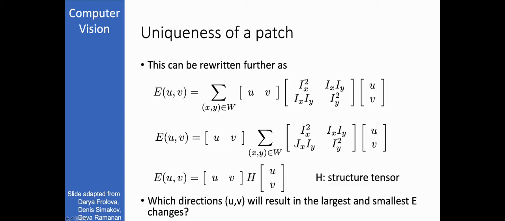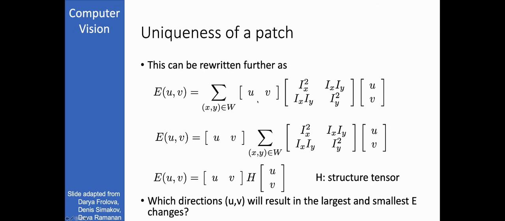Now, writing it explicitly, I will notice that this corresponds to uv times a matrix that's composed of squares of the first order derivatives and the products of the first order derivatives in the off-diagonals, times again the uv.